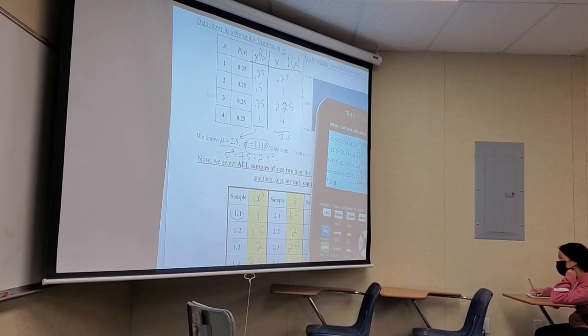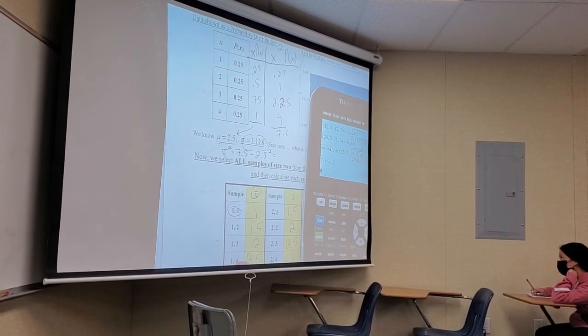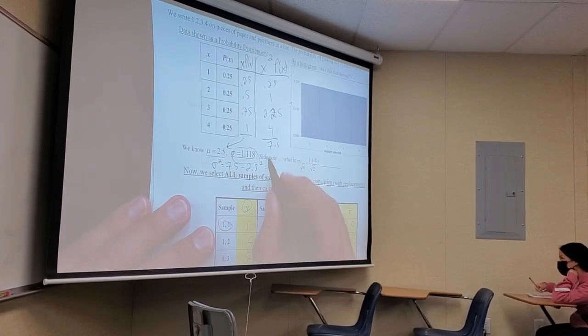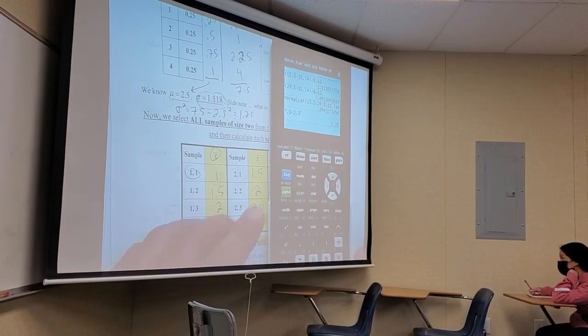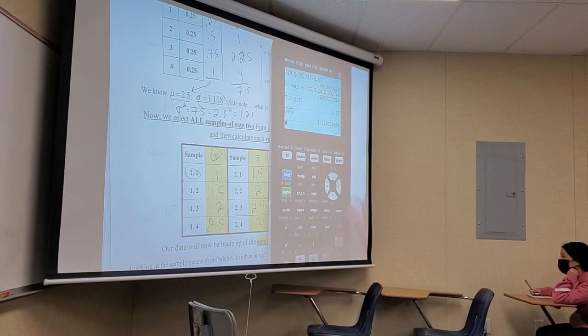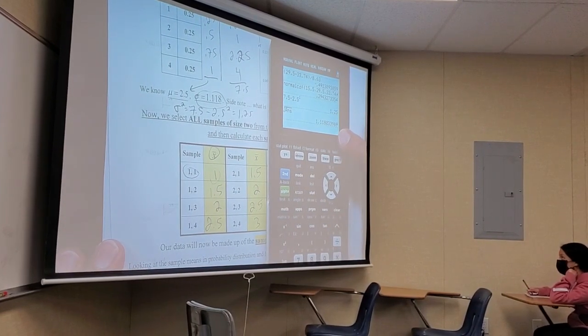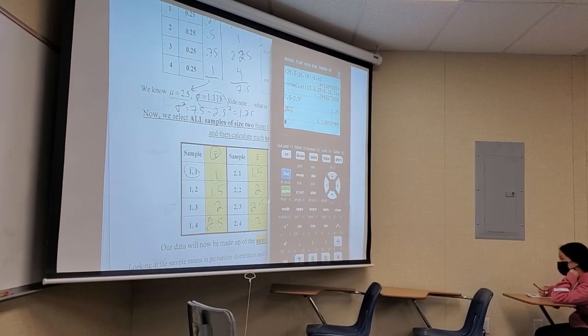So 7.5 minus 2.5 squared. So the variance is 1.25. And if I take the square root of that, I do get 1.118. Okay. Just want to make sure you guys understand, I didn't just pull that out of thin air. That's the actual standard deviation.